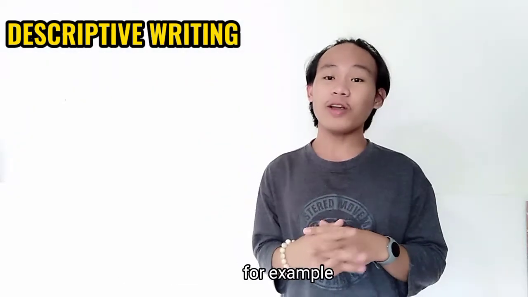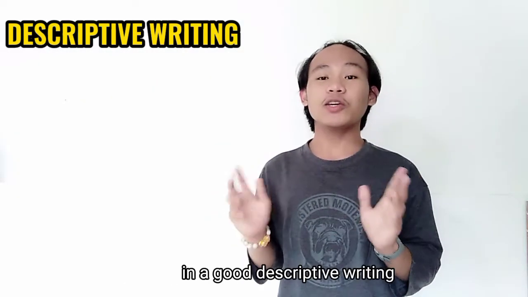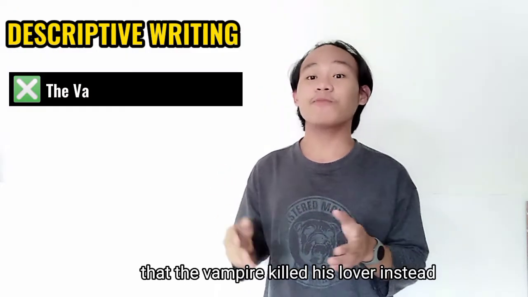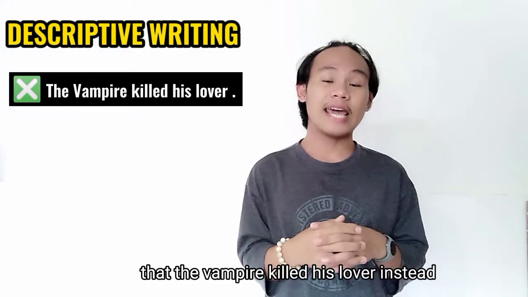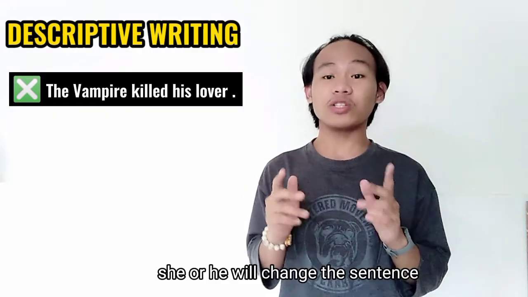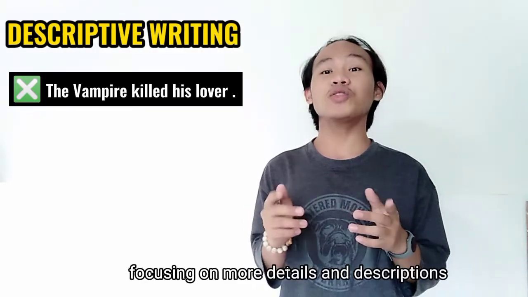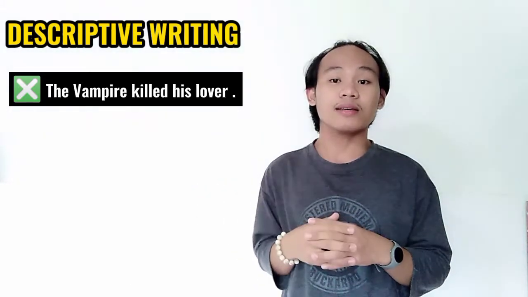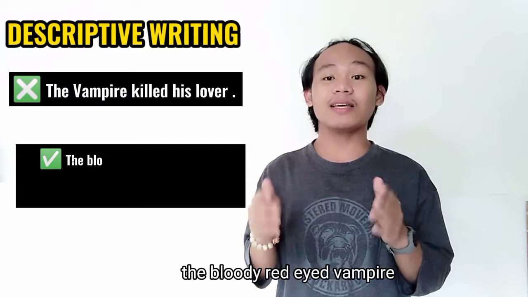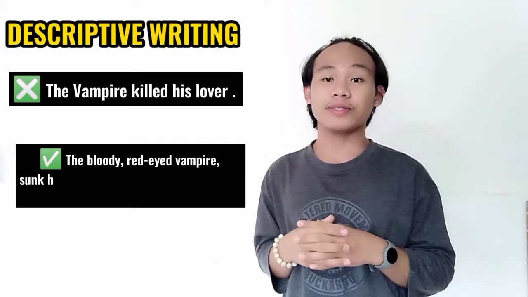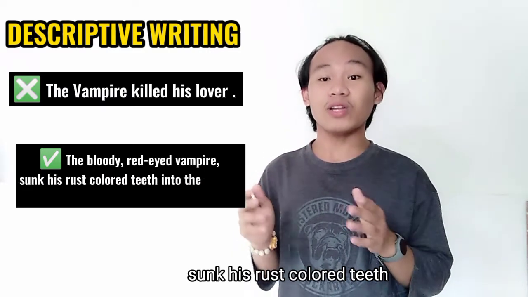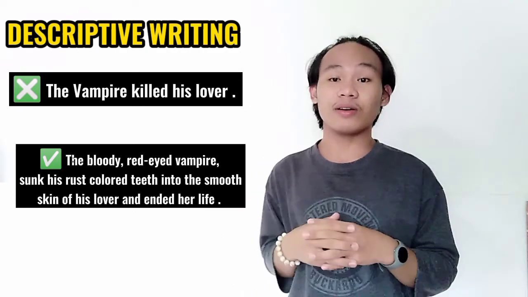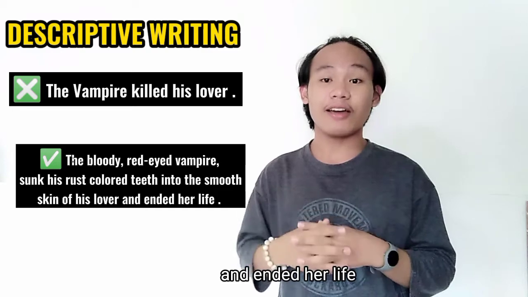descriptions. For example, in good descriptive writing, the author will not just say that the vampire killed his lover. Instead, he or she will change the sentence, focusing on more details and descriptions. Like, the bloody, red-eyed vampire sunk his rust-colored teeth into the smooth skin of his lover and ended her life.